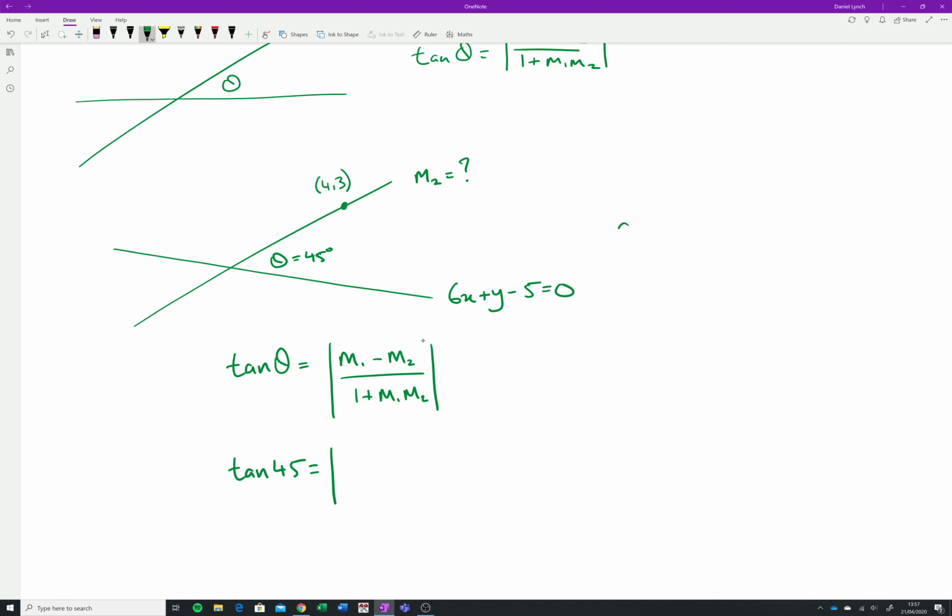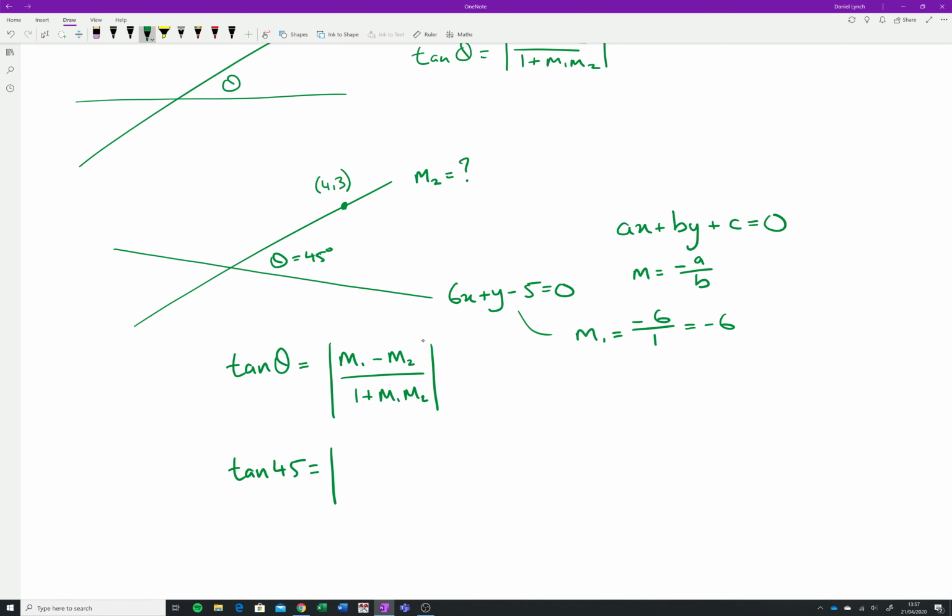A really important thing to learn off, I think I mentioned this at the last class, is that when you've written down an equation like this, in that form, you can immediately get the slope by saying minus a over b. So in this case, the slope, we'll call it slope 1, is equal to minus a, that's minus 6, over b, which is just 1. So that slope is minus 6.